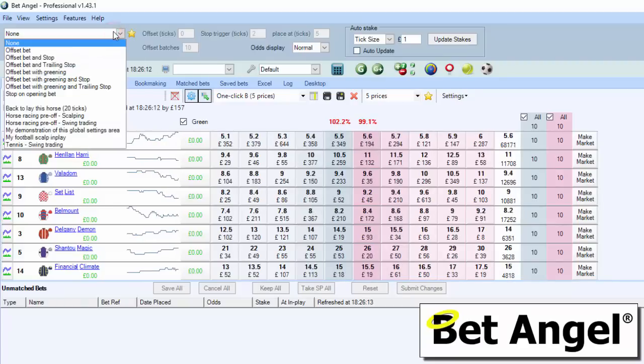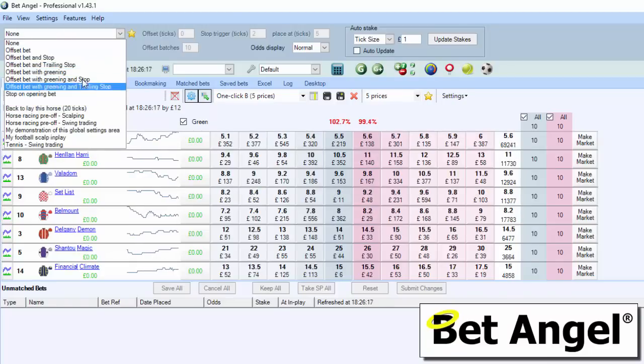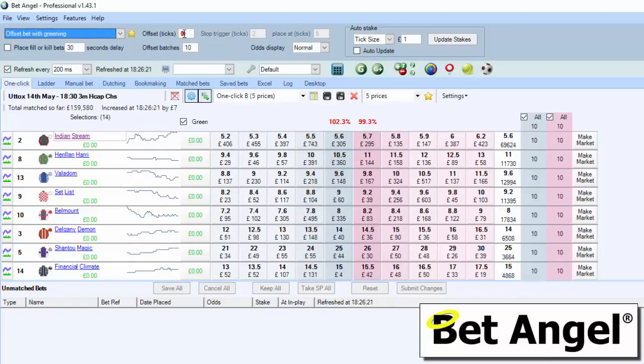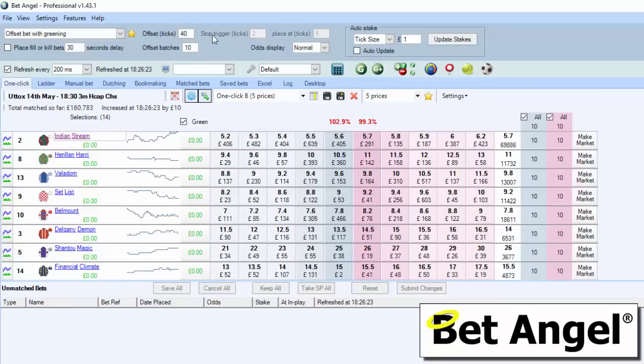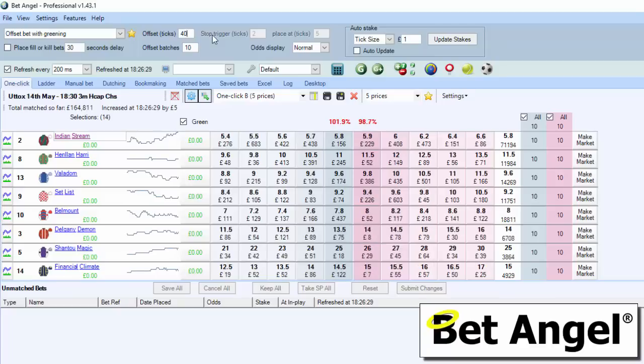What we need to do is select offset with greening. You can see there are many different offsetting options within here. What we want to do is offset with greening, and we're going to say offset it by 40 ticks. It seems quite a lot, but of course in play the positions can change quite significantly.